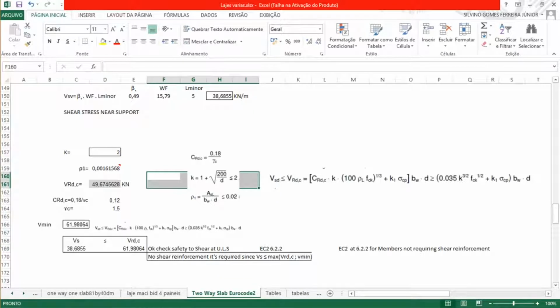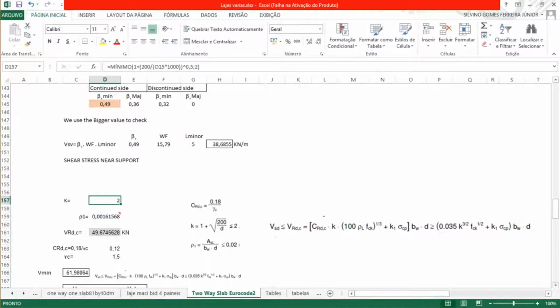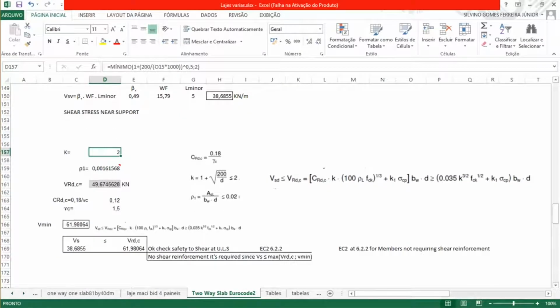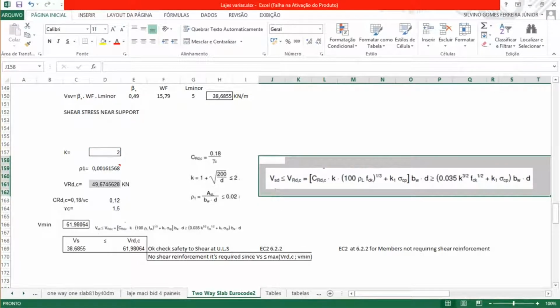So if it is not, well, then we adopt the value 2, and that's what happened here, to give us 2 for K. This K that we are after is because of this equation, that the shear that we calculated has to be minor than the VRD, and this VRD has to be bigger or equal to 0.035 K elevated by 3 divided by 2 multiplied by FCK plus this K1 multiplied by the stress.